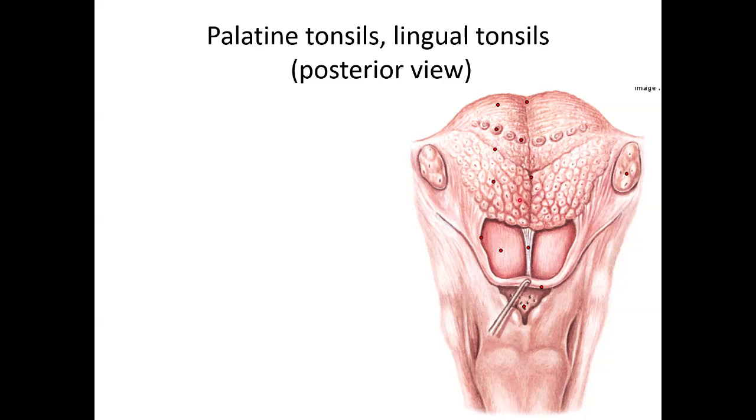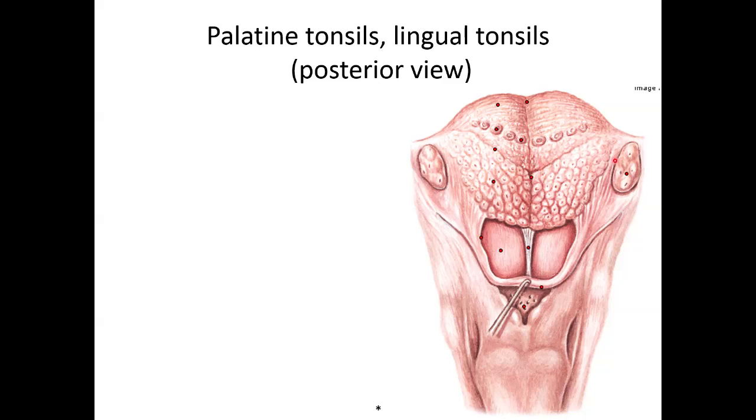What is this? This is radix linguae or tonsilla lingualis, unpaired, and these are the papillae vallatae, and this is sulcus terminalis.